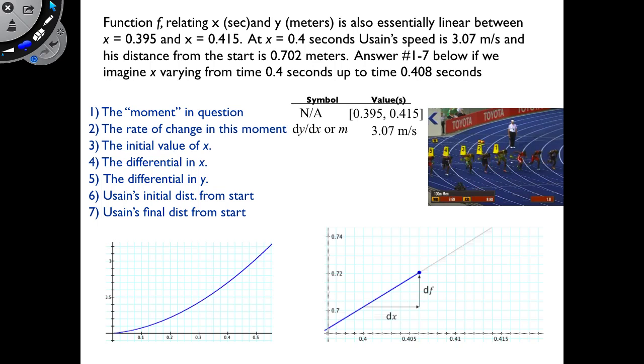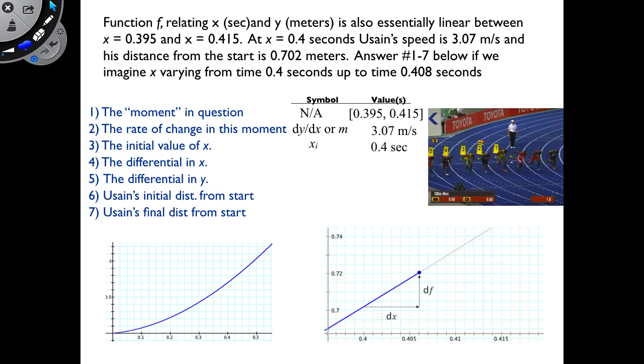The initial value of x that we're using to compute this isn't 0.395. What is it? Yeah, just 0.4. So we're within this moment. We're imagining x varying from time 0.4 up to time 0.408, and we're going to compute what happens during that interval.